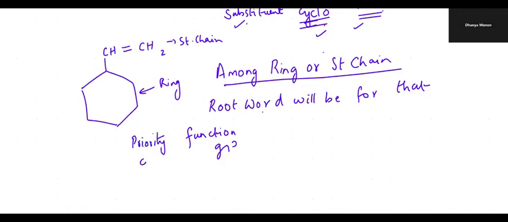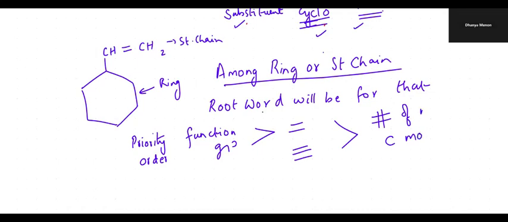If the functional group is there, that will become the root word. Or if double or triple bonds are there, that can also become the root word. Or the number of carbon atoms, more carbon atoms.